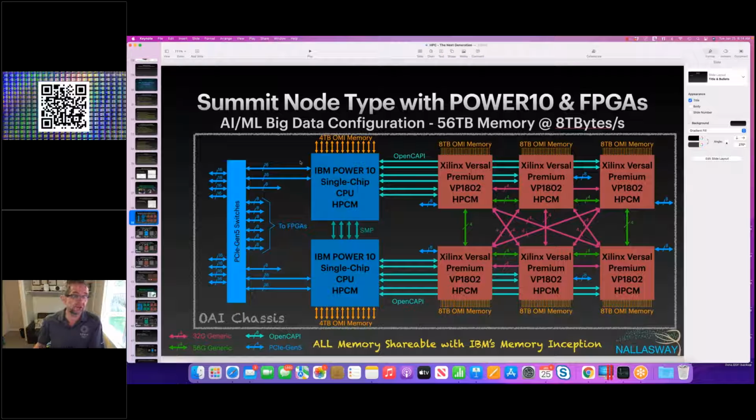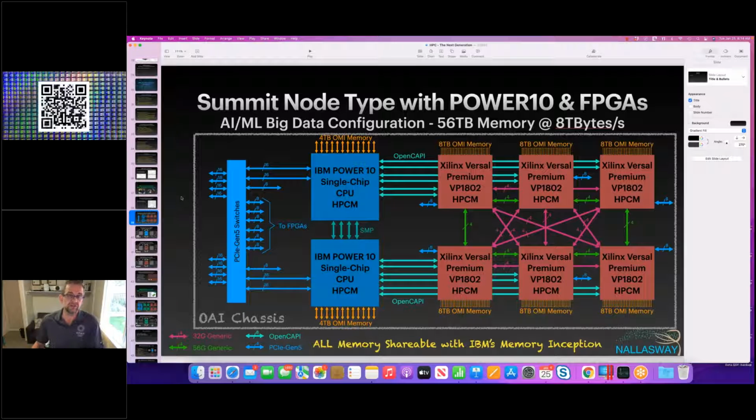Just as a reminder, we were talking about AI applications and the insatiable need for memory and more of these data-centric systems as well. And so what we did is we put together a couple of different scenarios of recreating supercomputing nodes.